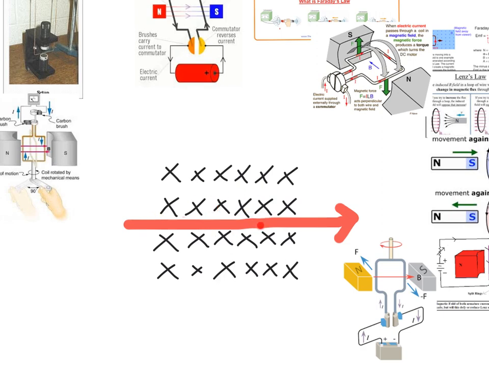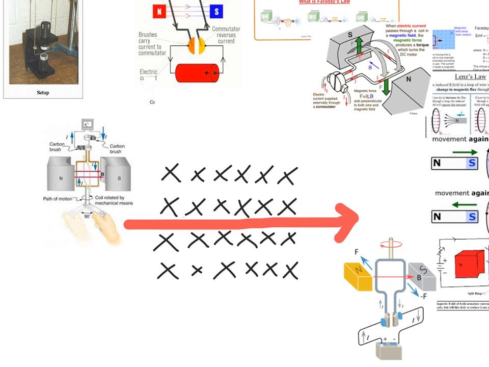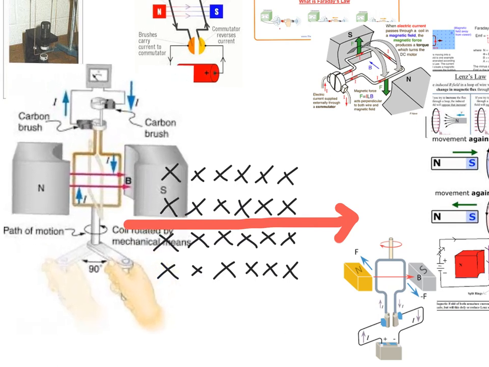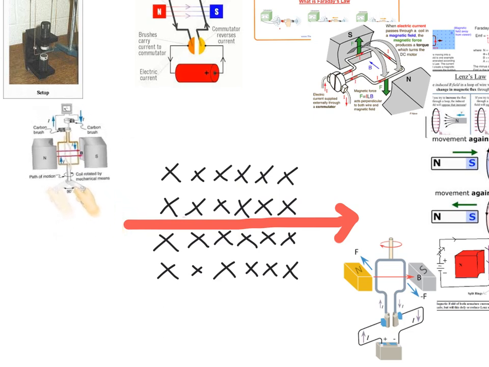If we put current through the coil, it will spin and do work. If we spin the coil, if we crank it, we have this over here. If we actually crank the coil in the magnetic field, it generates current. Okay, so that's what we're learning about this week. Faraday and Lenz's law.